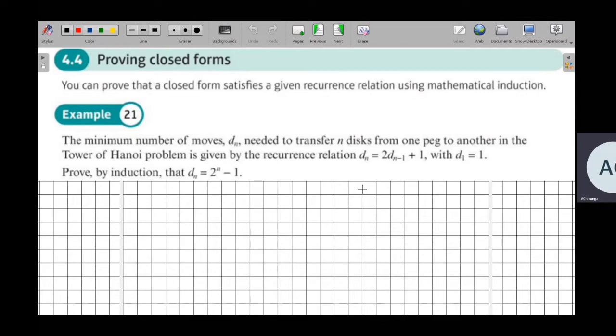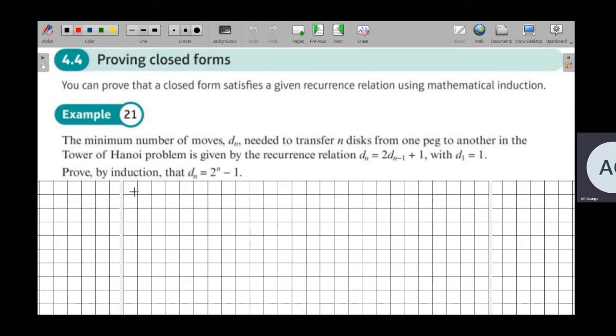And if it gives you the same form, then it is a solution, isn't it? Another way to see that, you can prove that a closed form satisfies a given relation using your favorite method, which is what? Mathematical induction. You can actually do induction to prove that this is a solution as well. So how do you do that? That's what is very important. How do you do that?